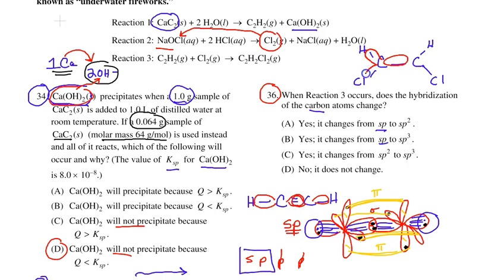And if there are 3 places where there are electrons, that means an S and 2 P's came together, sp2. There are no lone pairs, so you would just count those 3 areas. Notice it's trigonal planar. This would be 1, 2, and 3 as well. So you're going from sp to sp2, and that's why 36 is A.